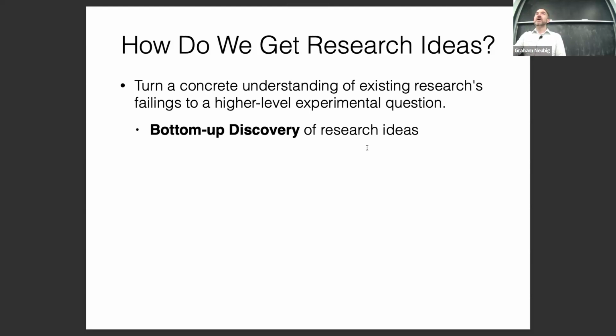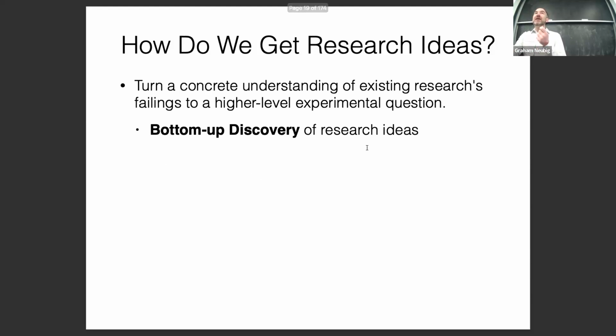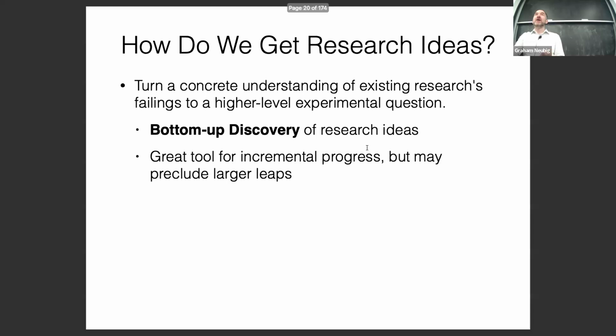The way I characterize this is bottom-up discovery of research ideas. And this is a great tool for making incremental progress on existing systems, on tasks that we really care about, or expanding the scope of a task that we care about.